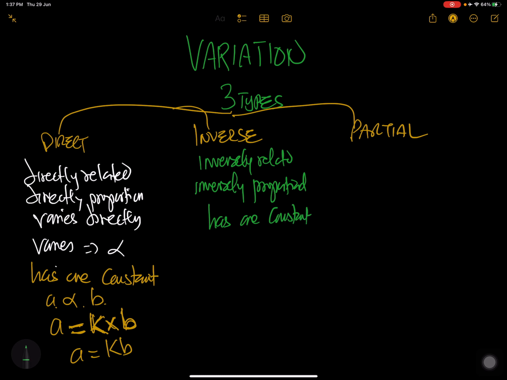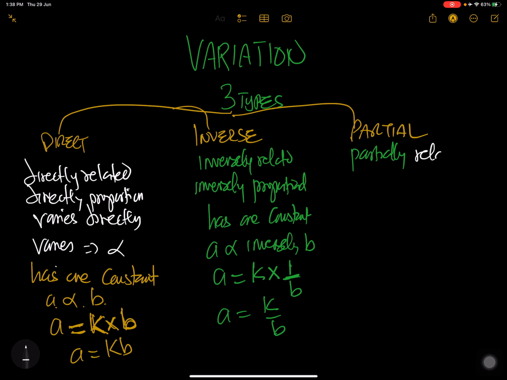If it says A varies inversely, it means A is equal to a constant multiplied by the inverse of the variable. In this case, A inversely with B is going to be 1 divided by B. You do the reciprocal of B, and then you have A is equal to K over B, like that.